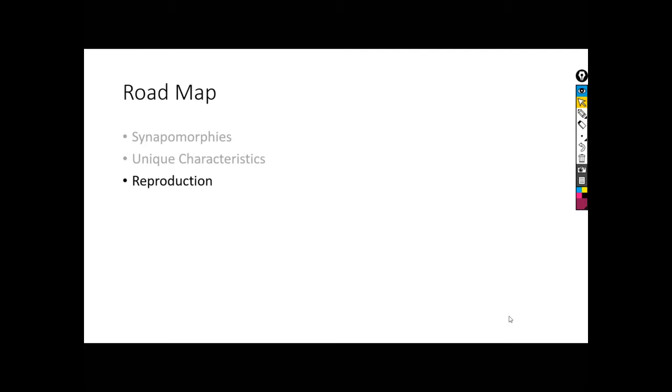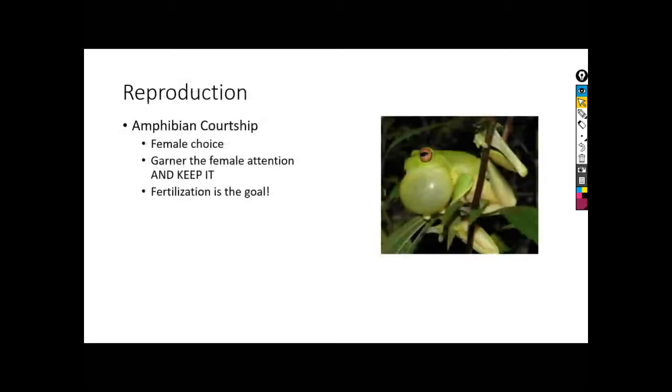But we really want to focus on what exactly is going on here with amphibians, because they all do it a little weird. They have very unusual and very interesting reproductive processes that set them apart from other organisms to some degree that we've seen now in lab, and that makes them so unique.